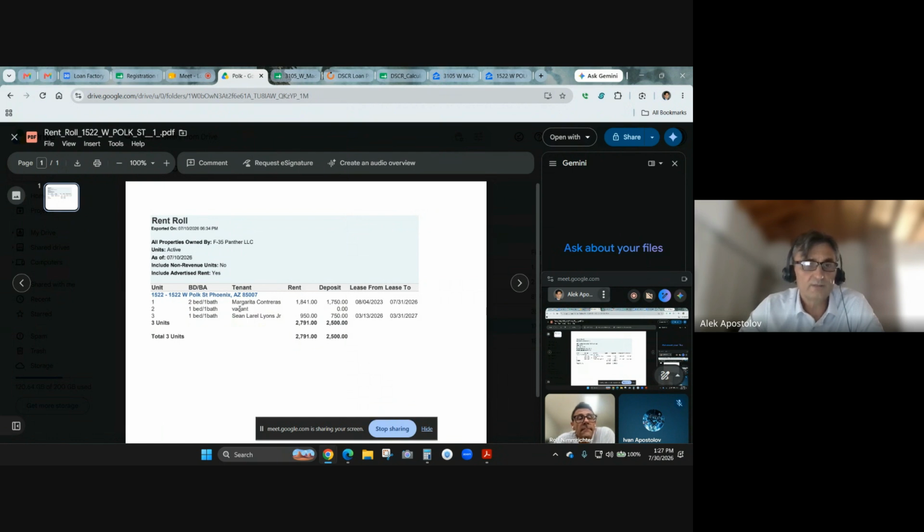One unit is vacant, and one unit is one bedroom, one bathroom, and that one is at $950 per month. Now, what do we do in this case? There's $2,791 in income that the property is currently producing.